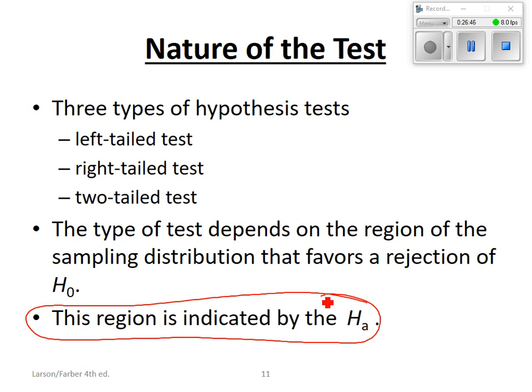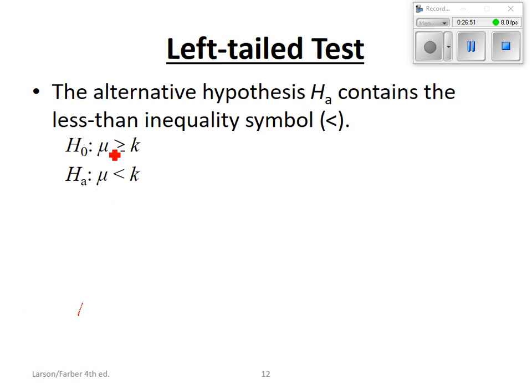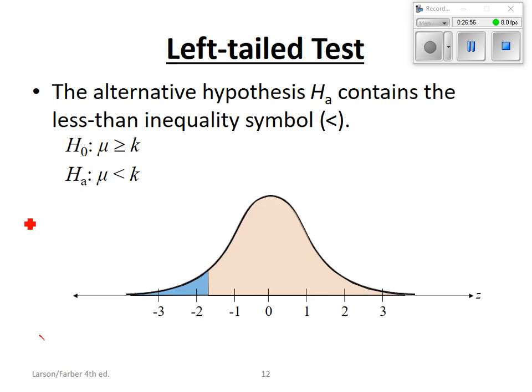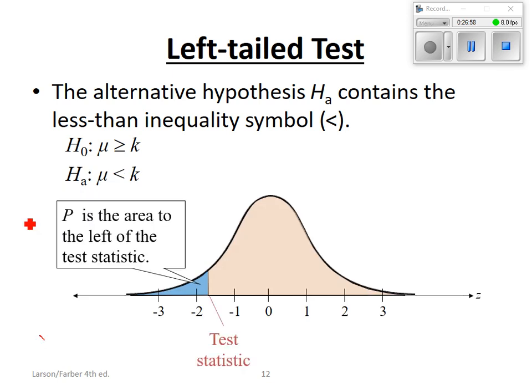So that's left-tailed. Now, to explain what the p-value is a little better, and again, we're not going to find the p-value this time, but if the p-value falls in here, then that means the p-value is more extreme than what we think it ought to be.